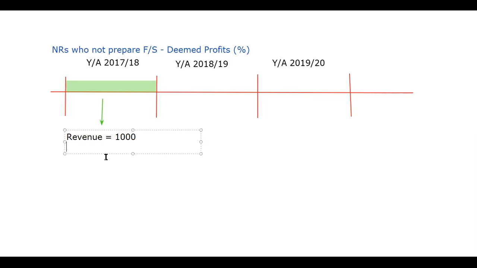The deemed profit rate for them, I will take the deemed profit rate given by IRD, is 10%.